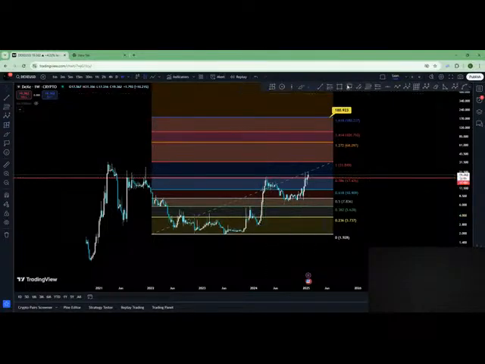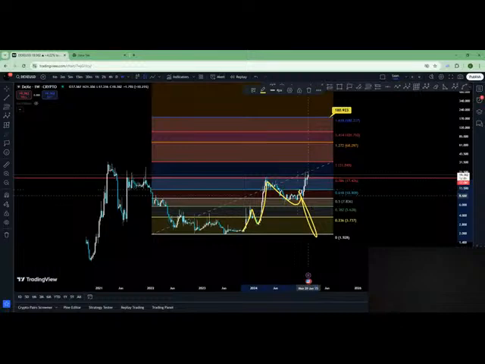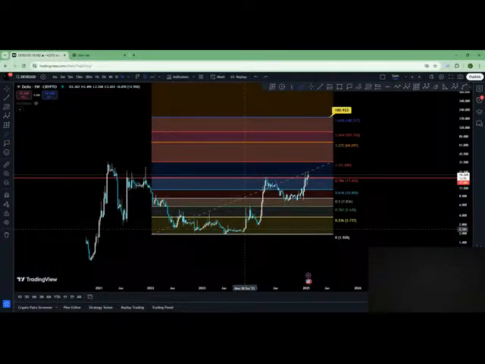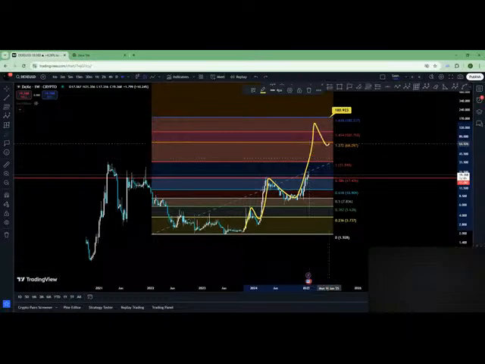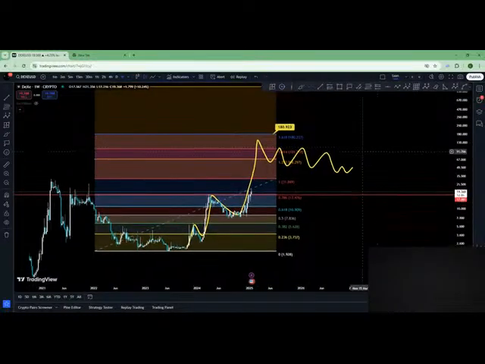This could go for a correction, but this is the last impulse ending. Impulse, correction, impulse, and a last correction should happen. Impulse, correction, impulse, and a deep down correction. So that's a waveform of the market.